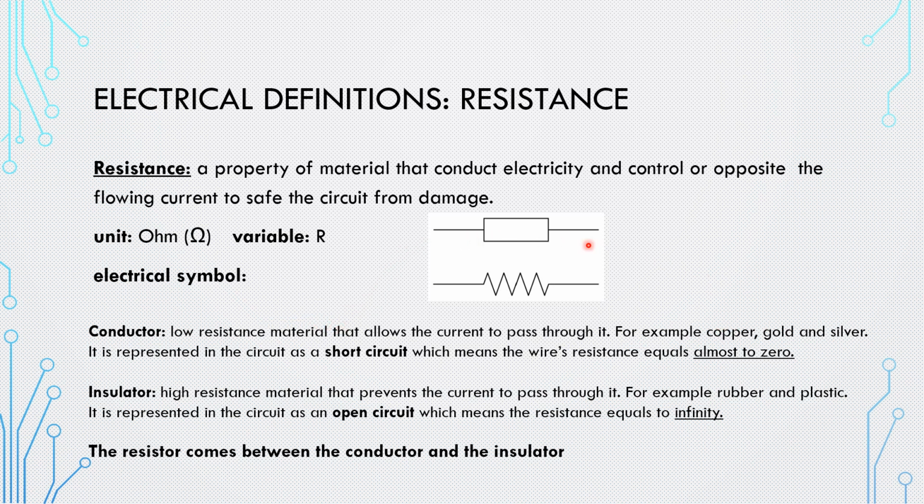The basic example we see for a conductor is the simple wire in circuits. This is most likely made of copper or gold or silver, depending on the application, depending on the circuit that I want to create. I need to choose the good material to conduct the electricity.